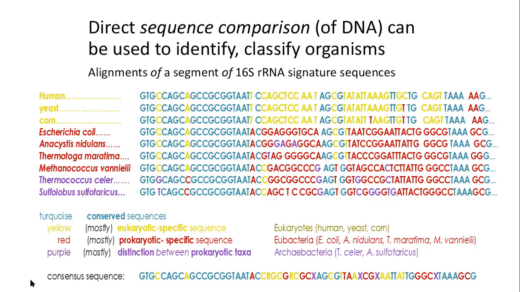So anywhere they had common ones, they put them in here. If there was mostly one, they put it in a certain color, mostly the other, it's another color. And then you have the X, where at that particular base pair, we don't have a dominant one. So this is really just to show you that we can use the DNA sequences of these organisms to show how related they are and how they may have come from a common ancestor.